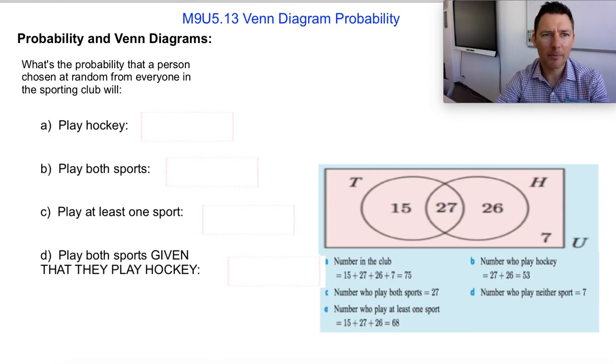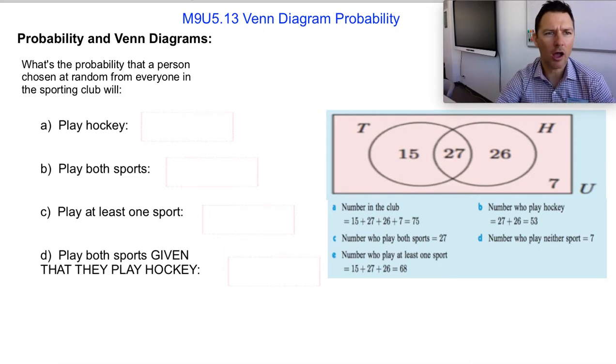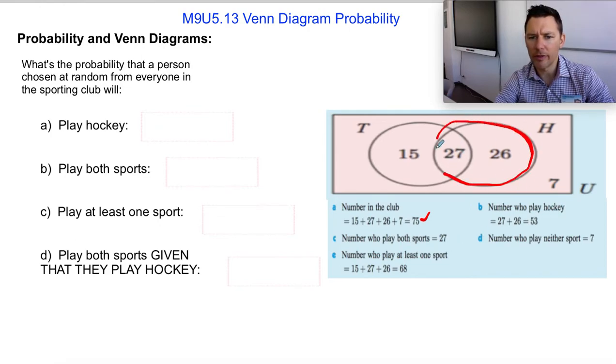This is the same pie that we were working with yesterday, but we found raw numbers. Right? We found that the total number in the club was 75, total number who played hockey was 27 plus 26. Number who played both, we read it off here. Number who played neither were there. We figured out just the raw numbers, right?